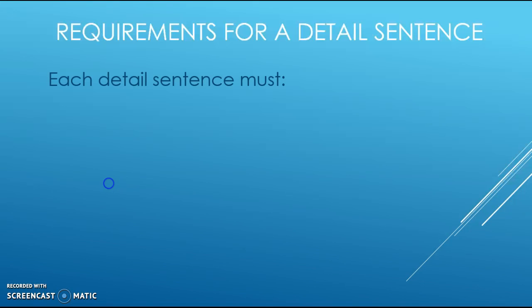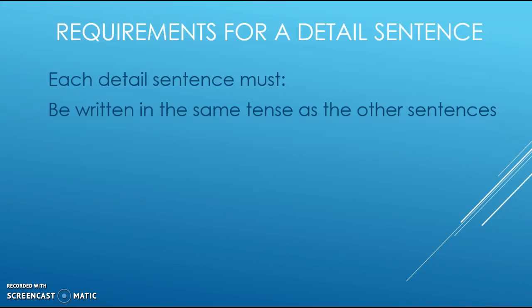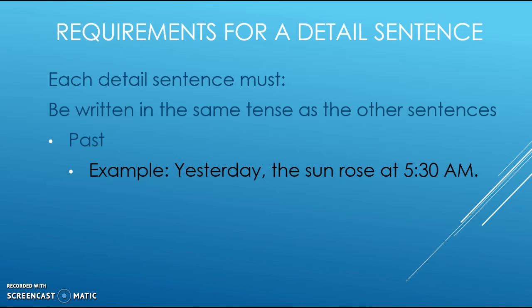And then our 5th detail is each detail sentence must be written in the same tense as the other sentences. And just like point of view, the tense, which is usually the verb tense that we're dealing with, gives us the indication of that, needs to all be the same. So we have past, present, or future that we can use for this.